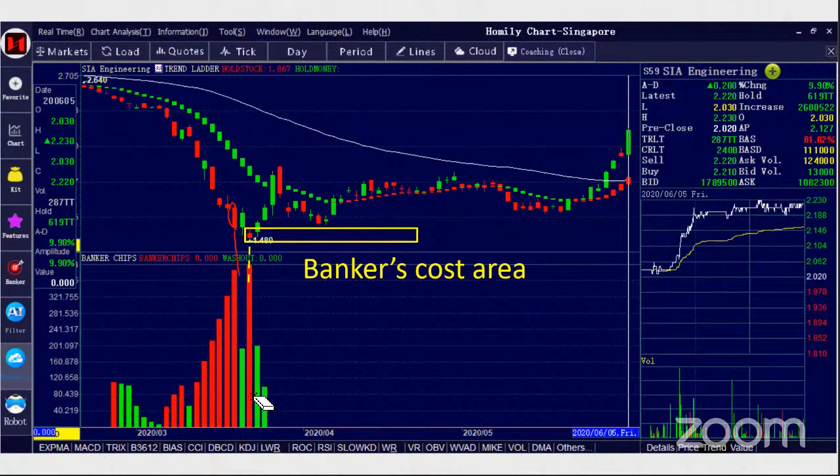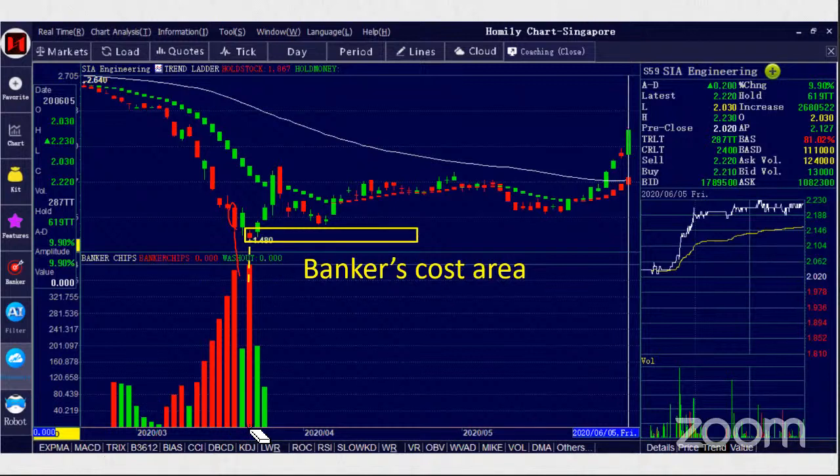So this is the last banker's cost area, based on this one single candle, because we only have this one red bar. After that, it's green. That means you can regard this as the banker's cost area. And this time is the successful one. We managed to catch the bottom here based on this banker's cost area.